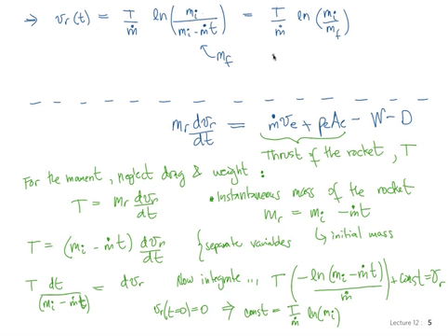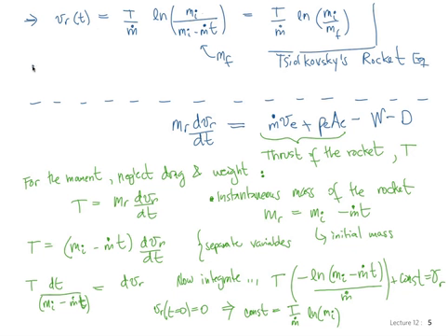So this one is actually known as, one moment, so Tsiolkovsky, this is a Russian name, so let's see if I got this correct. Tsiolkovsky rocket equation. And this m_i over m_f is the mass ratio.